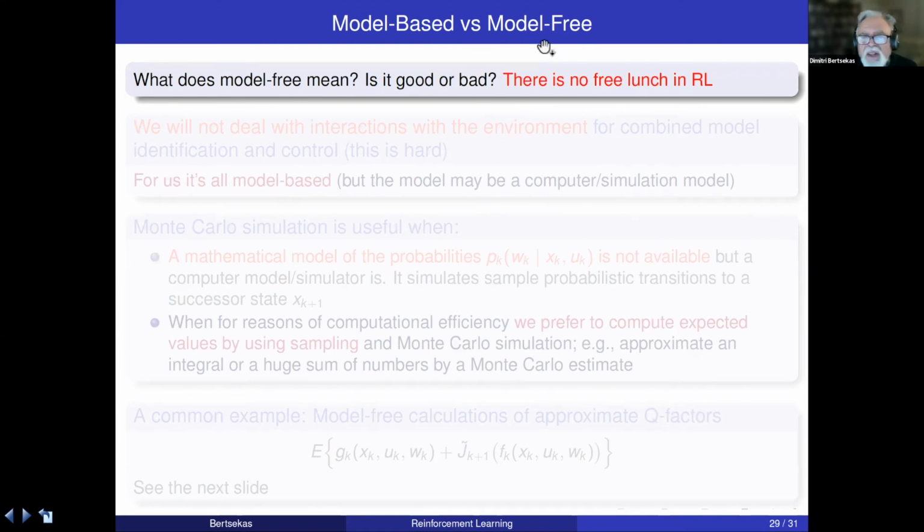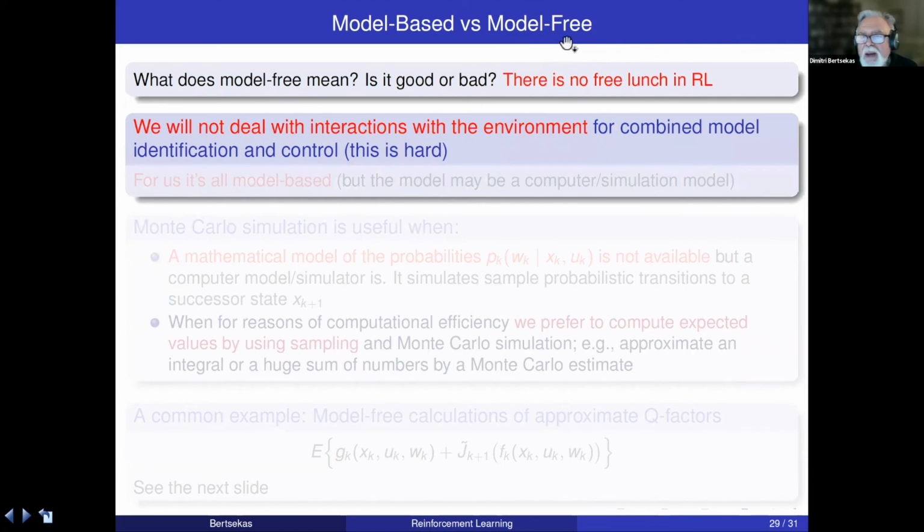Now, in this context, a model-free method is one that does not use a mathematical model. And a model-based method is one where there is a mathematical model. There are system equations, there are probability distributions. If you have them, my suggestion is that you should use them. However, if you don't have them, you may consider a model-free alternative.